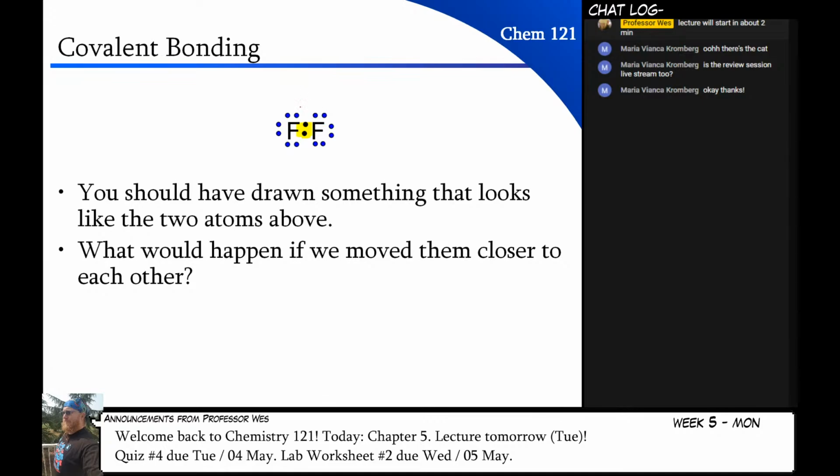So now what I can do is I can say, okay, I'm going to search for octets. Do I have an octet? Yeah. And then for the other atom, do I have an octet? We're going to go this way, and then, oh, look what I'm doing here. Yeah, I do. So if you have a situation where you just don't have enough electrons, this works out for nonmetals. And in doing so, you attain an octet for multiple species when you just don't have enough electrons to normally do it.